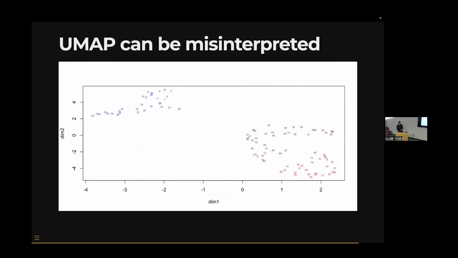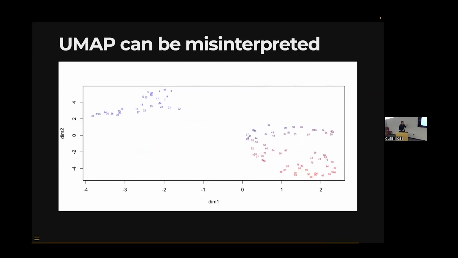So here's an example. This is a UMAP plot of randomly generated multivariate normal data. I can't remember, 10 dimensions. There are no clusters. It's just multivariate normal data.